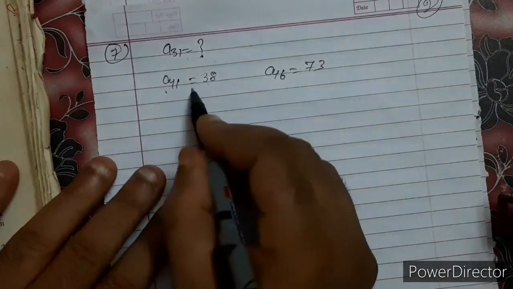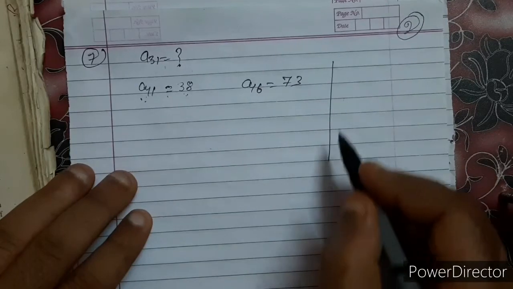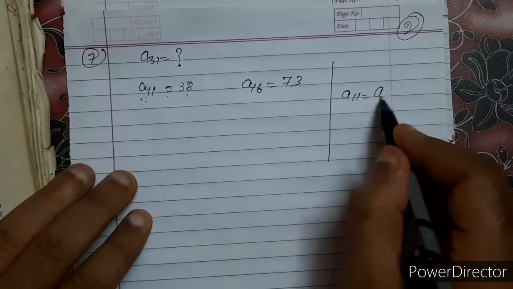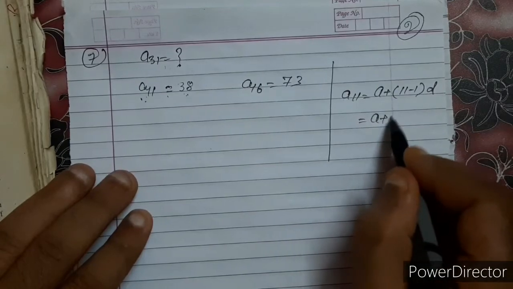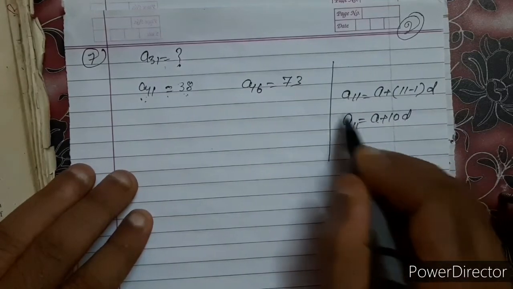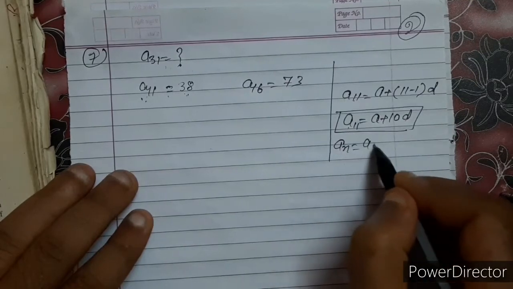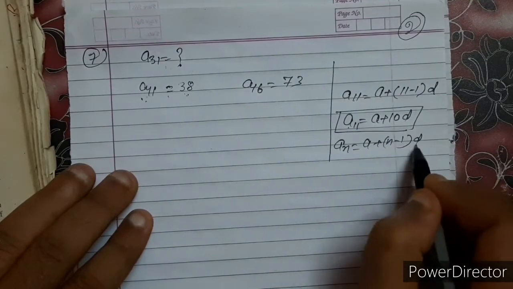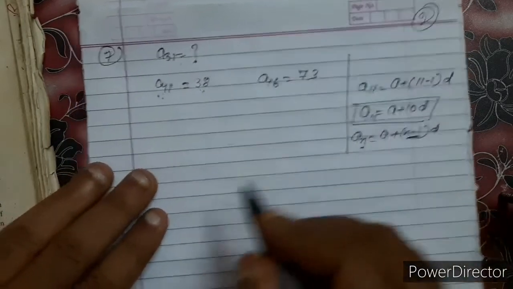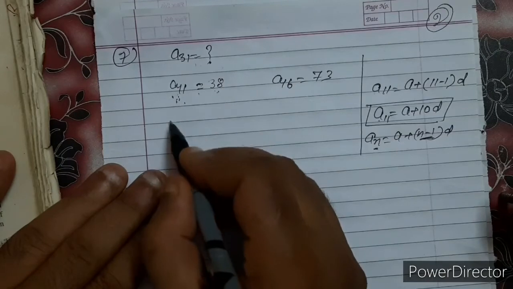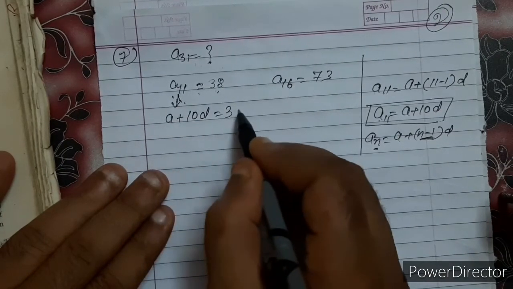Now we know very well that A11 means A plus 10D. How? A11 is equal to A plus (11 minus 1) into D, so A plus 10D. You know that if we have AN, then it is A plus (N minus 1) into D, so the coefficient of D will be 1 less than N. So A11 means A plus 10D is equal to 38.